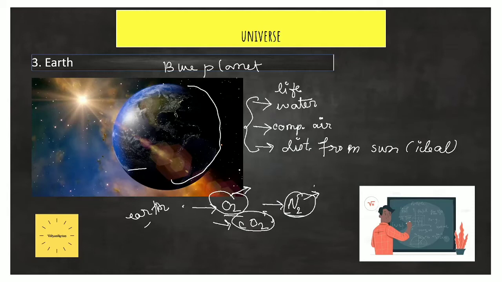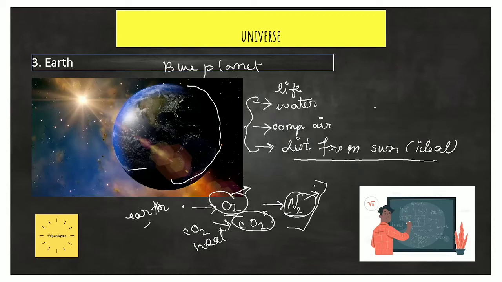So the amount of CO2 present in our atmosphere traps a certain amount of heat which is required for the existence of life on earth. So this perfect composition of atmosphere is another point for the existence of life, and its distance from the sun is another point. It is not too cold or too hot, and it receives the perfect amount of sunlight that is required for life.